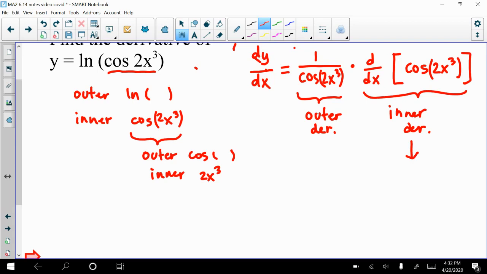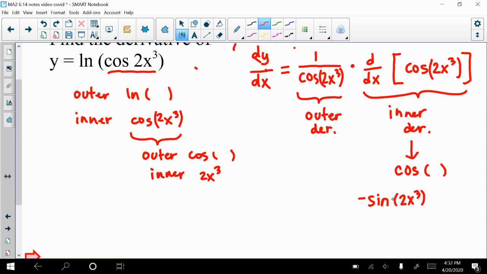So the process of taking the derivative of cosine 2x cubed will require the chain rule. So the chain rule says take the derivative of the outside. Well, the outside is cosine of some function. So the derivative of cosine is negative sine. Usually we have been finding the derivative of cosine x, and so the derivative is negative sine x. And now it's going to be cosine of 2x cubed. So the derivative would be negative sine 2x cubed.